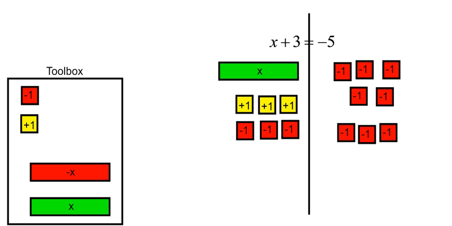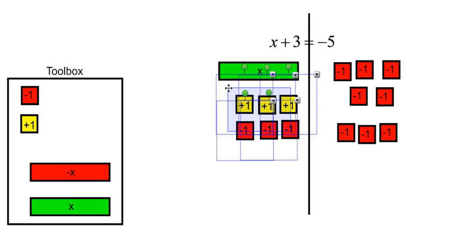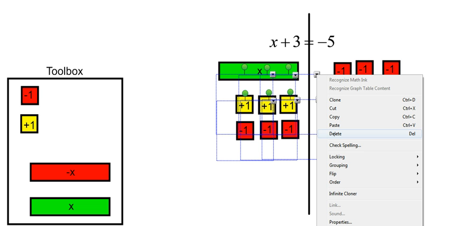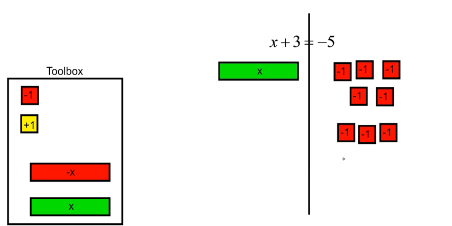Now at this point, we are creating our 0 pairs. On the left-hand side, we have 1, 2, 3 sets of 0 pairs. So all of these are going to disappear and make 3 0 pairs. On the right-hand side, we don't have any 0 pairs, so I'm just going to organize these a little bit.